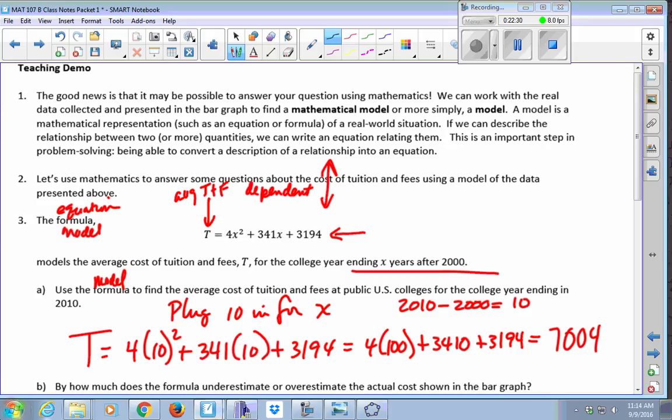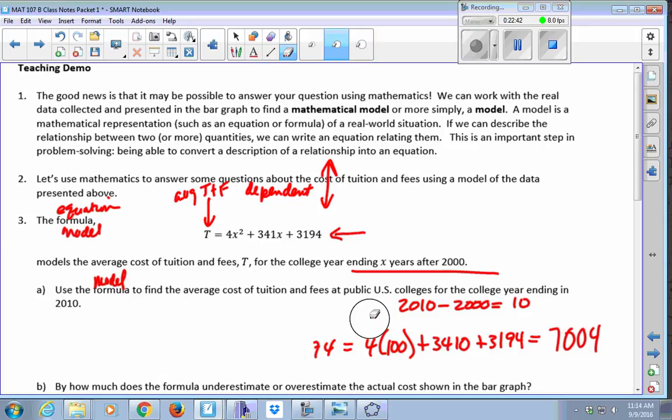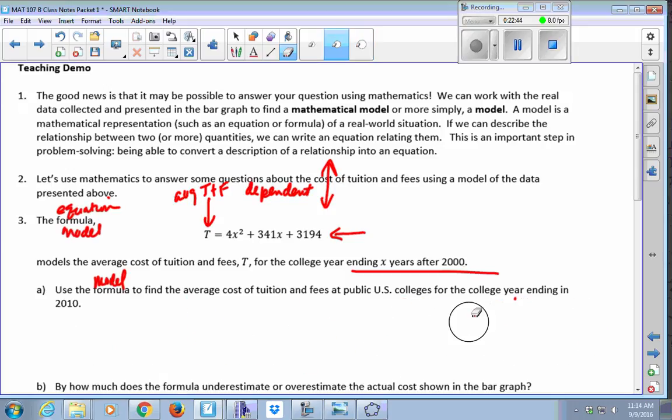We actually know that in the year 2010, the average cost of tuition and fees was $7,020. So when you write this sentence, and this is really important for your project, make sure that however you write it, you use the word estimate or predict. If you're going beyond 2010, you would say predict. If you're in the years 2000 and 2010, you'd say estimate.